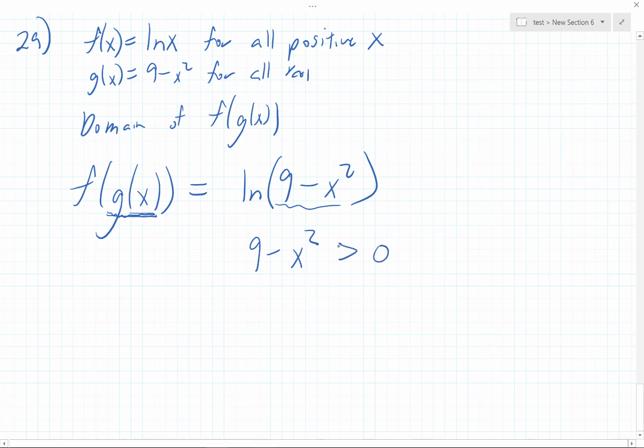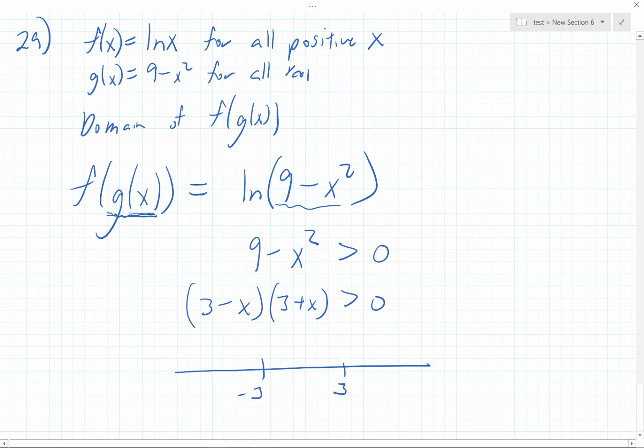So to solve this, if you've got an inequality of something that's nonlinear, you've got to do your sign line and factoring, or however you like to do it, but you can't just throw the 9 over, divide by a negative, and square root both sides. You can do that to find out where it's equal to 0 at -3 and 3, but to figure out whether it's positive or negative, you have to be really careful with the inequality sign.